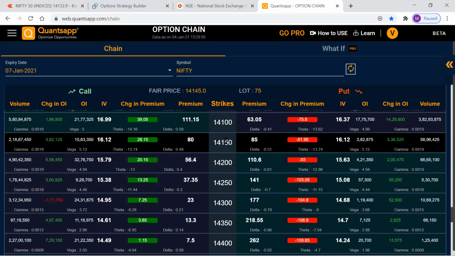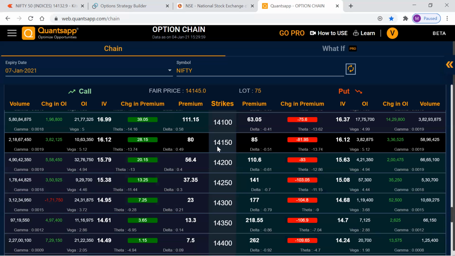How many points did it move? It moved 100 points, right? From 14,150 to 14,250. In that time, look at the premium. What's the premium here? It is 80. Meanwhile, because delta is about 0.50, you will see a 49 points movement in the premium. That means this premium will become 80 plus 49, which is 129.